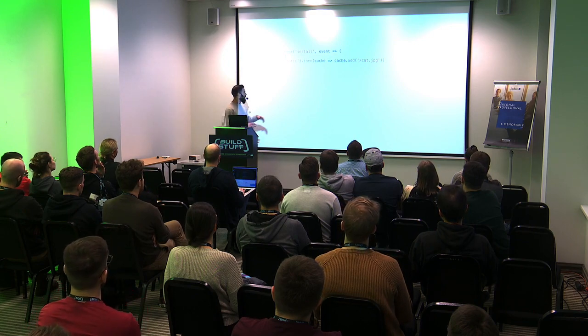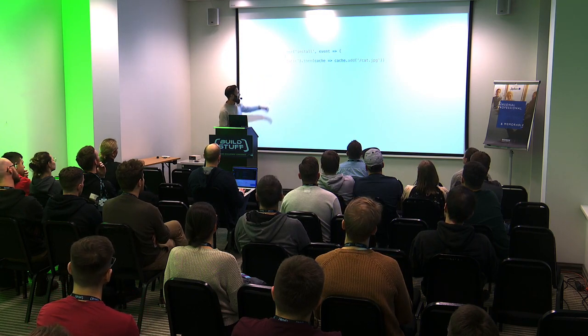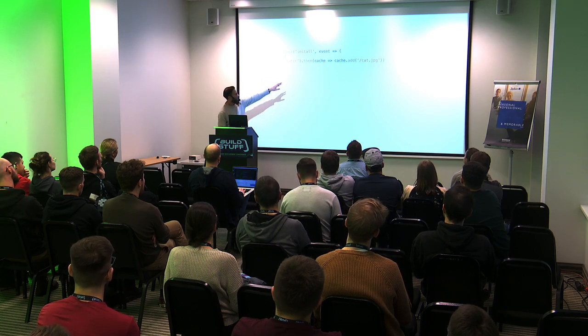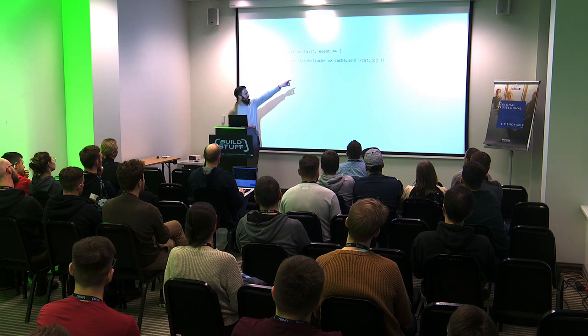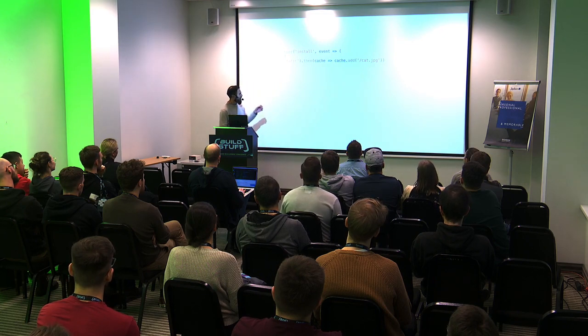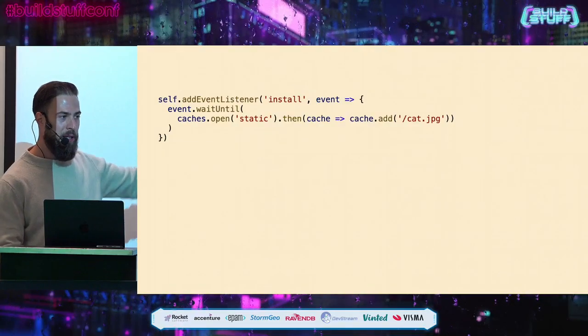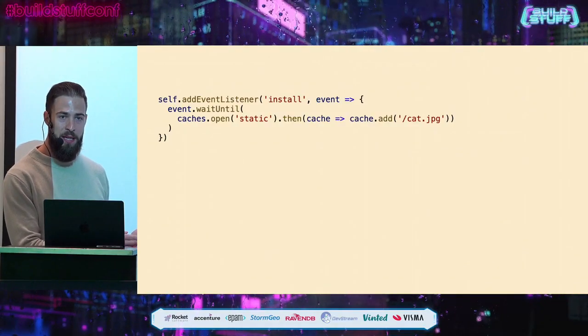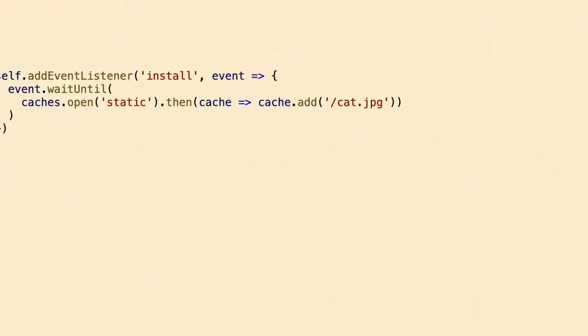First we create this new cache, static. We can give it any name basically, and then we add to the cache the /cat.jpg. So what it does is it makes this request, and it caches the request and the response, which is just an image of a cat, and we have that in our cache now.